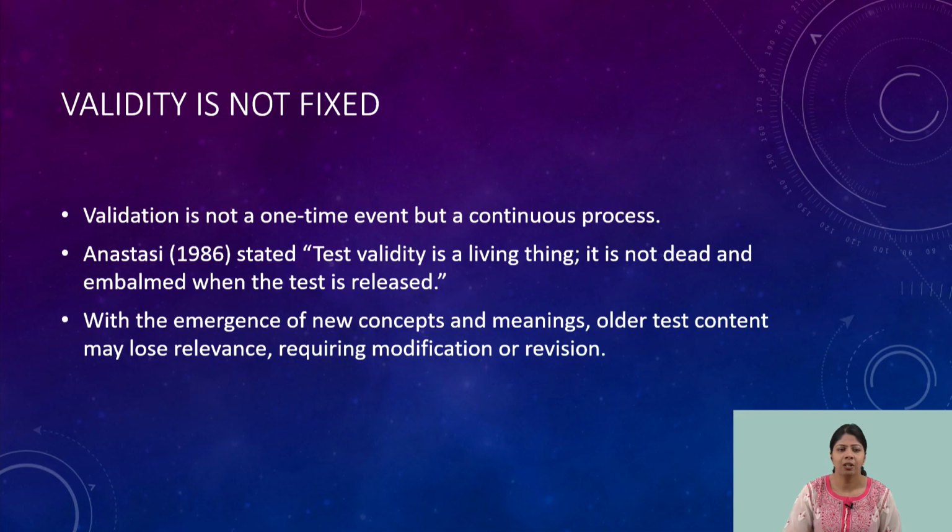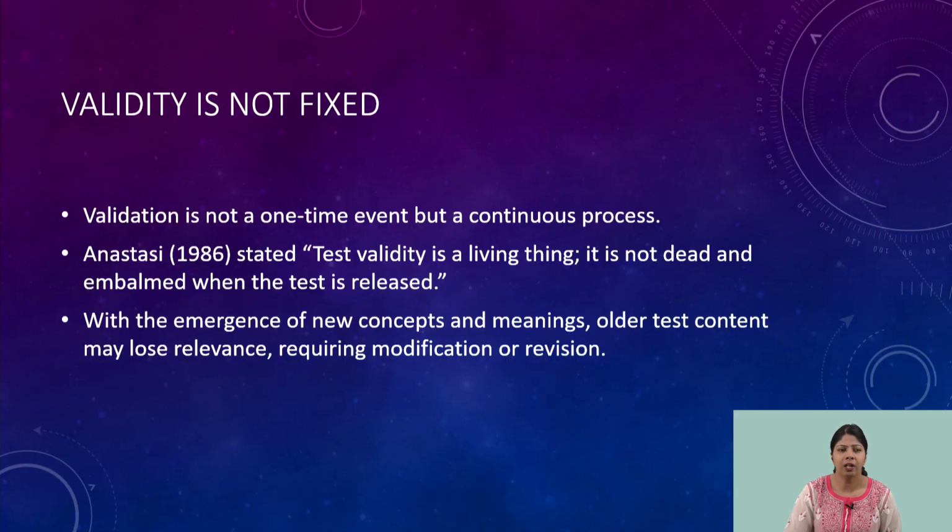It is not dead or embalmed when it is released. So just because a test was released 20 years back doesn't mean it is valid today. It needs to be revalidated again and again in order to ensure that the test's validity remains alive or remains relevant. Why is this so? This happens because of the emergence of new concepts and meanings.